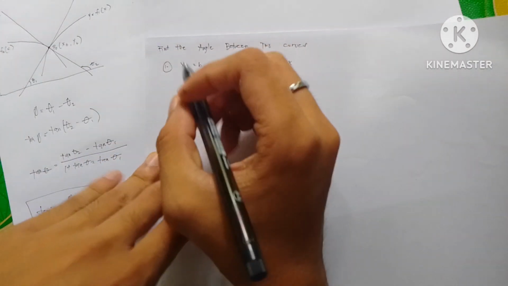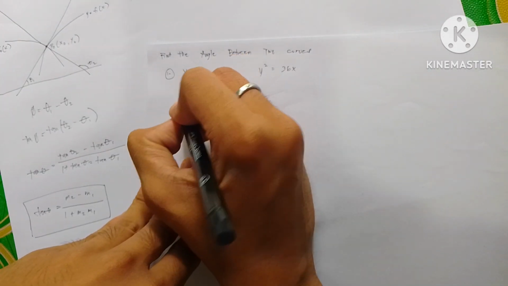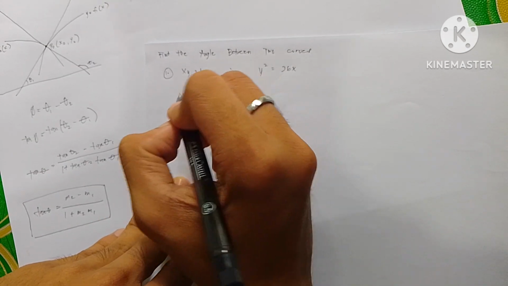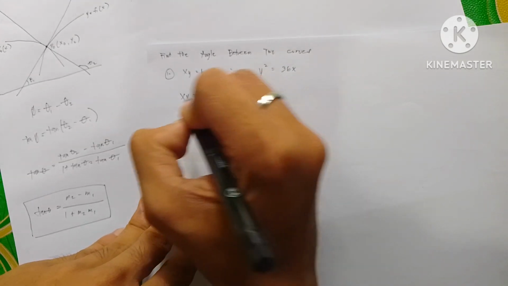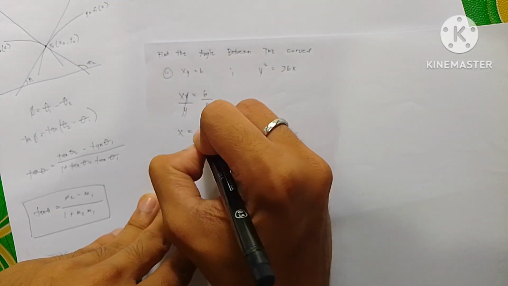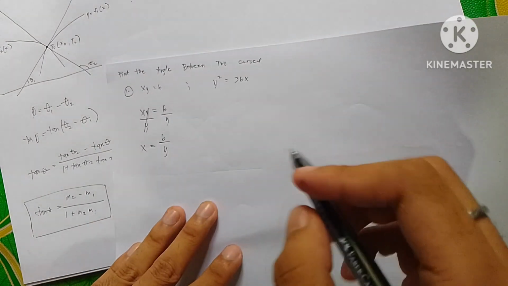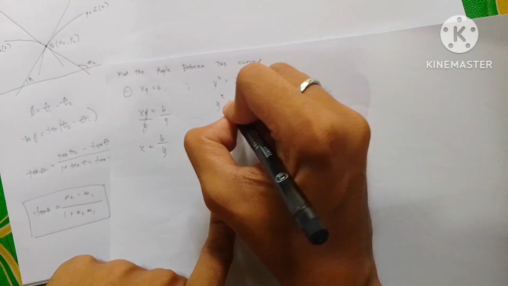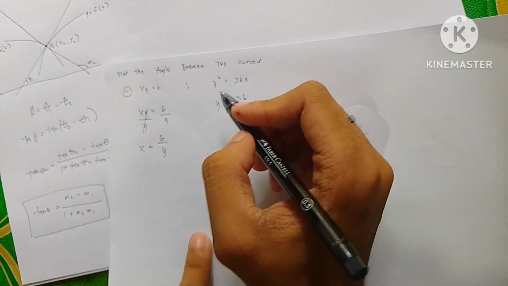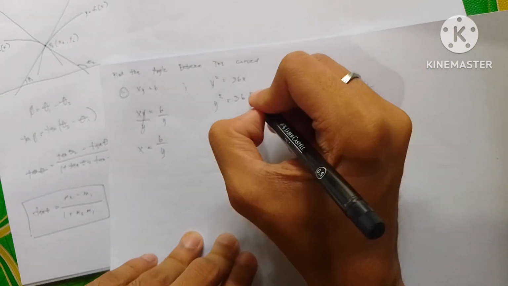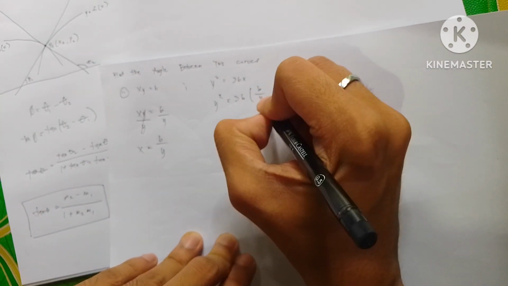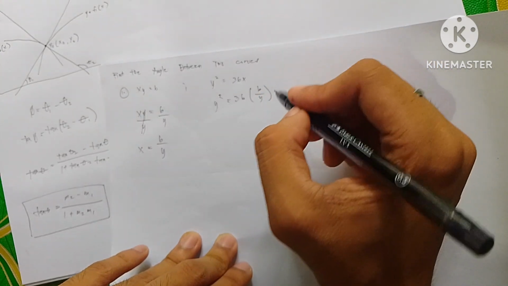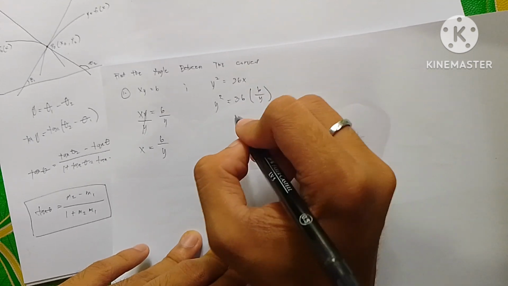So from xy equals 6, divide both sides by y, and we get x equals 6 over y. Then we will substitute x by its value, 6 over y, into y squared equals 36x.